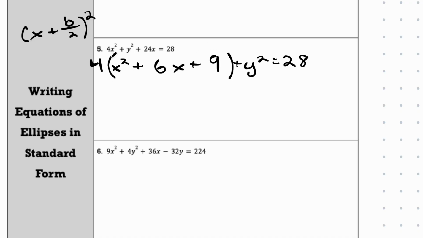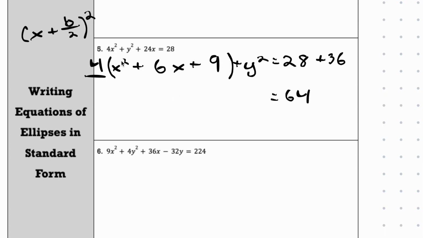But one very easy place to get tripped up is to add 9 to both sides, because whatever we do to one side, we have to do to the other. Remember that we're still multiplying by this 4, so we need to add 36 to both sides. So I'm going to add 36 over here. And when we add 28 and 36, we should get 64.